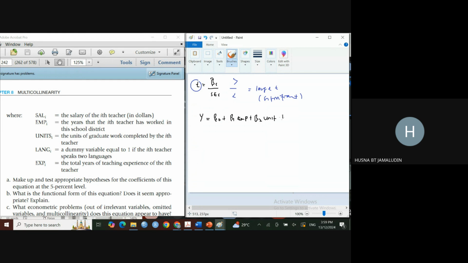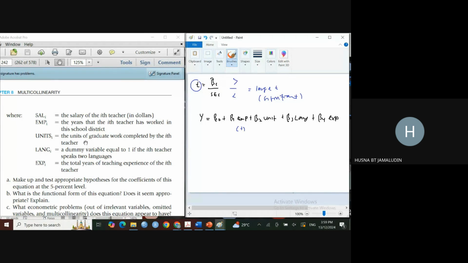I don't know what this unit is. Plus beta 3 LANG, and then plus beta 4, this is maybe experience. So you are expecting that the EMP, which is the year, will have a positive impact. The longer he has been working in that school, the higher the income.